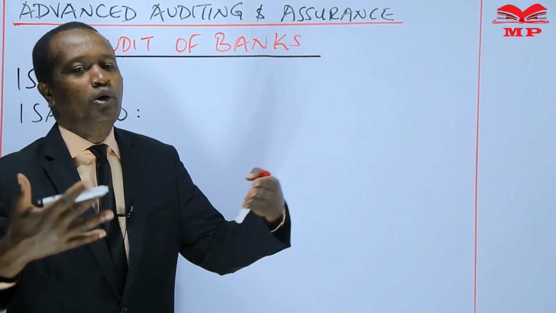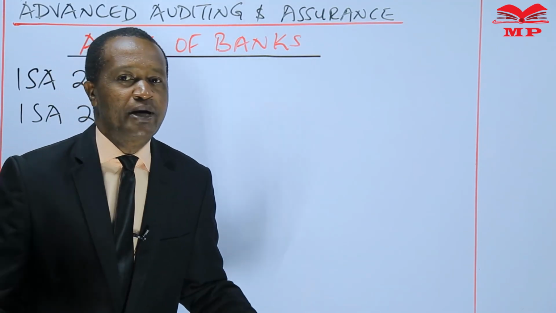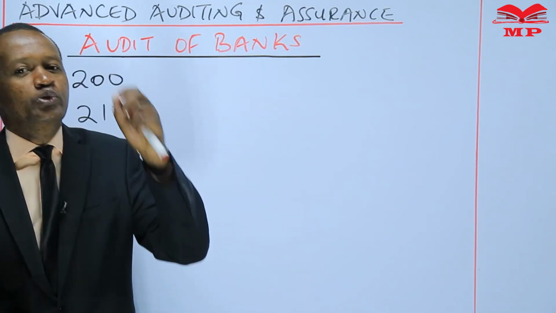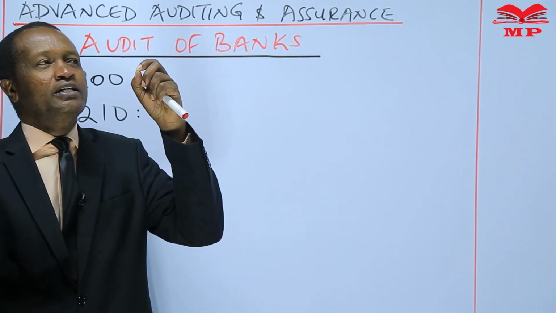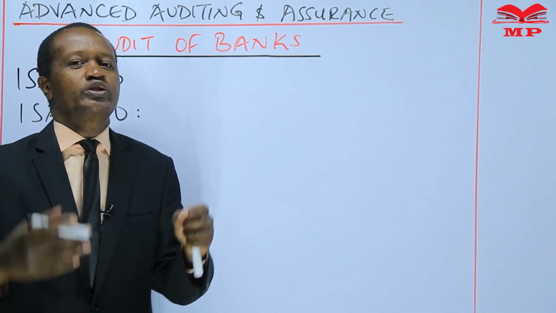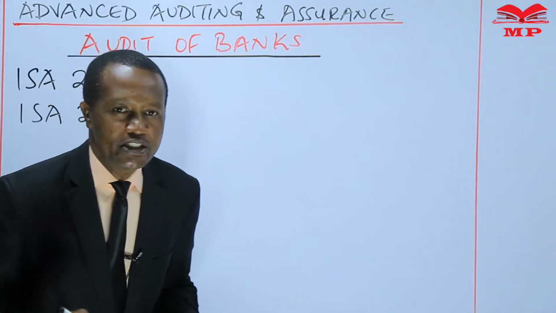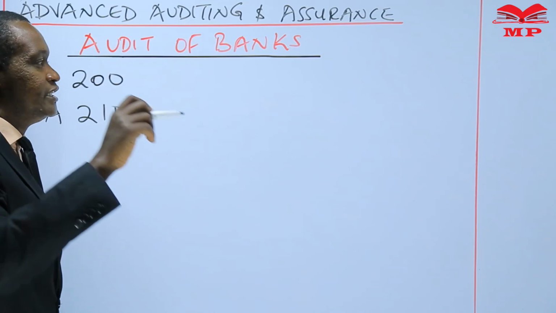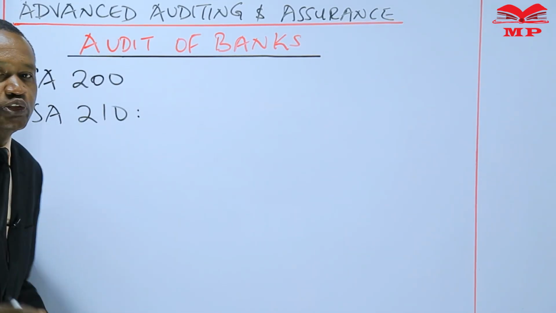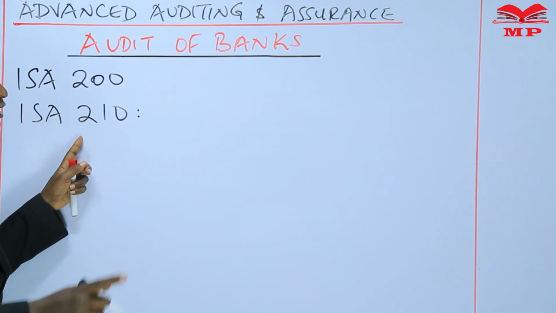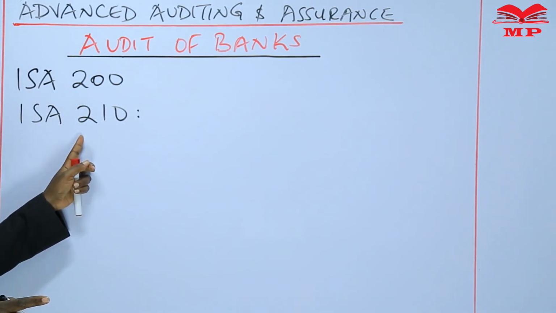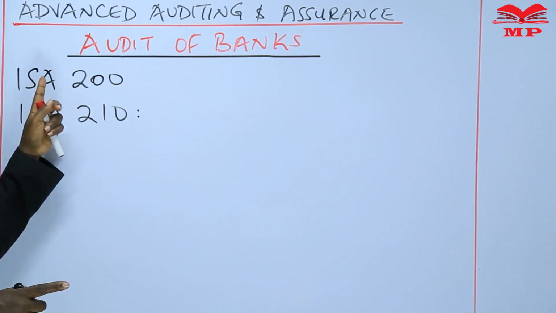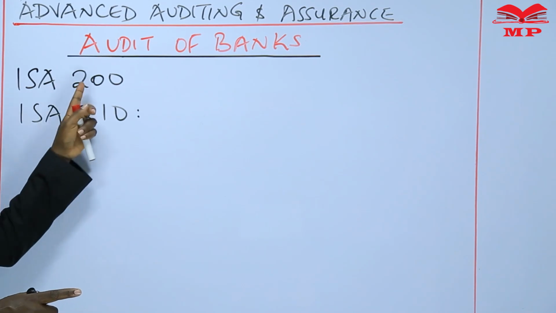So when reporting on financial statements of a bank prepared specifically for use in a country other than that under whose rules it is established, the auditor considers whether the financial statements contain appropriate disclosures about the financial reporting framework used. That is the provisions of the International Standards on Auditing number 200.